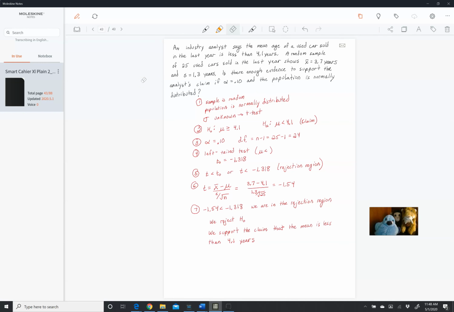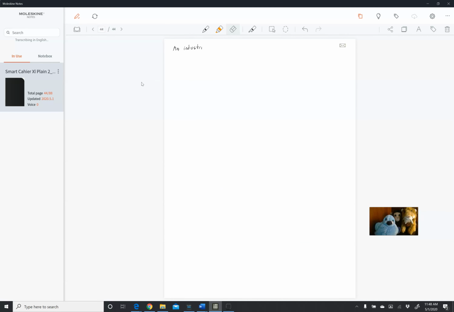So let's say an industrial company claims that the mean pH level of water nearby is 6.8. Remember, pH level has to do with how acidic something is, if you ever took high school chemistry.